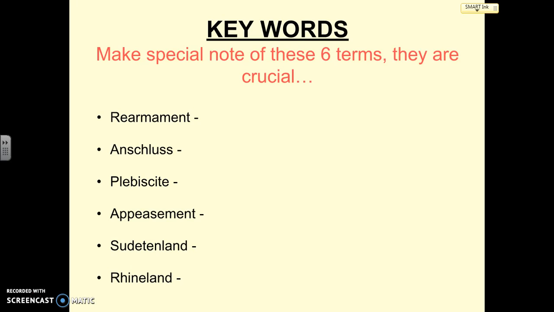I think we're only going to get through a couple of these terms today, and then we'll get to the rest of them later. So even if you need to pause the video right now to write these 6 down, make sure you leave yourself some room so that you can define them, because they are going to be referred to both in this lecture and in future lectures as we talk about World War II. They are rearmament, Anschluss, plebiscite, appeasement, the Sudetenland, and the Rhineland.